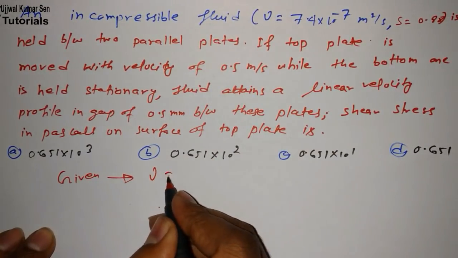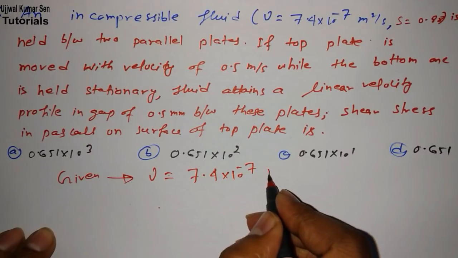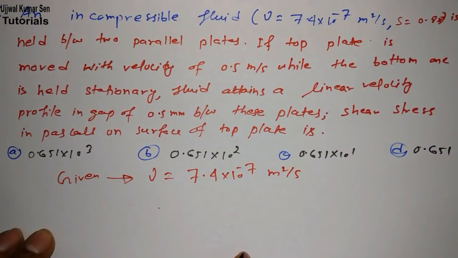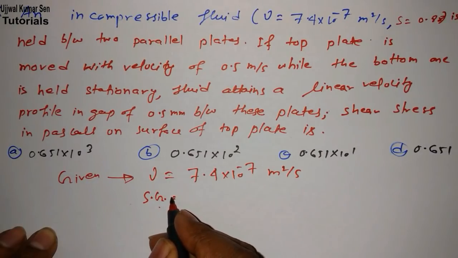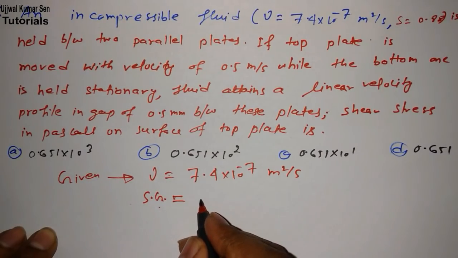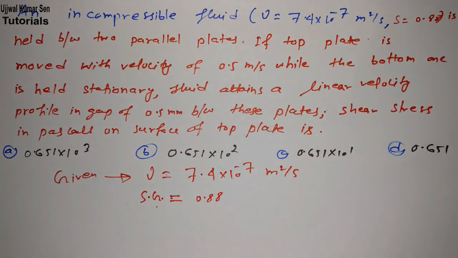Incompressible fluid, kinematic viscosity is 7.4 into 10 to the power minus 7 meter square per second, and specific gravity is equal to 0.88, is held between two parallel plates.